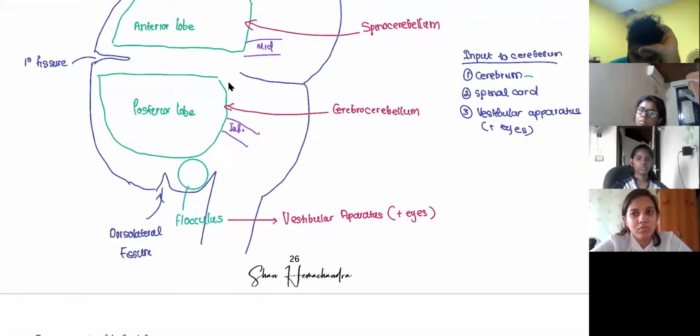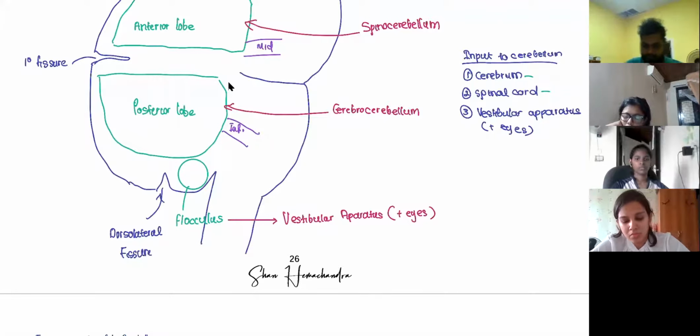First thing, the cerebellum takes information from the spinal cord. This is called proprioception. Let me start from the beginning and talk about the spinal cord first. Our spinal cord is involved in proprioception. What does that mean? At any given time, our cerebellum knows exactly where every muscle is.